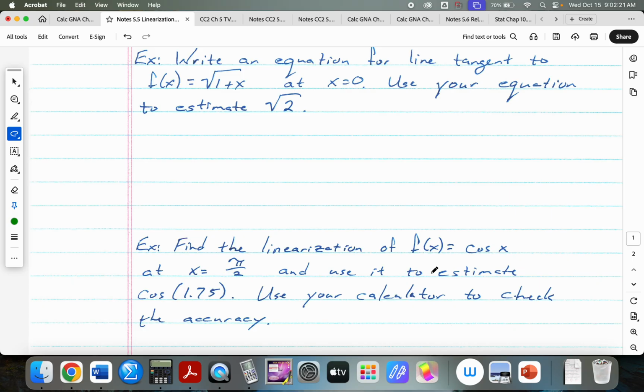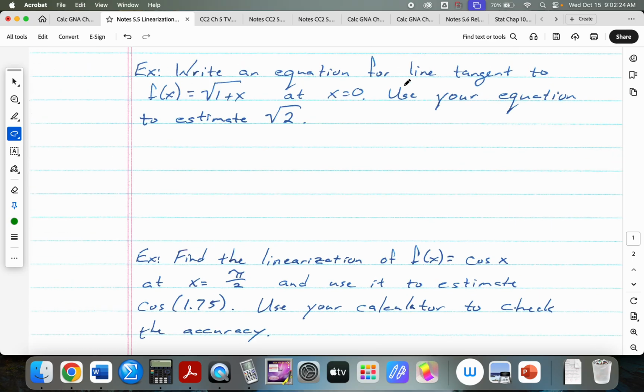Write an equation for the line tangent to f of x equals the square root of 1 plus x at x equals 0. Then use your equation to estimate the square root of 2. Okay. So f at 0 is 1. f prime of x is going to be 1/2 of 1 plus x to the negative 1/2.